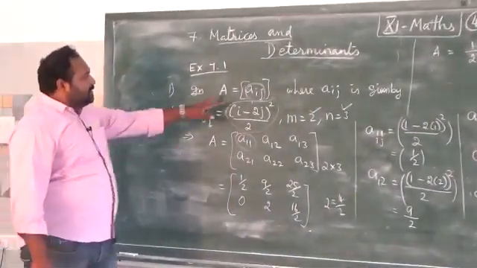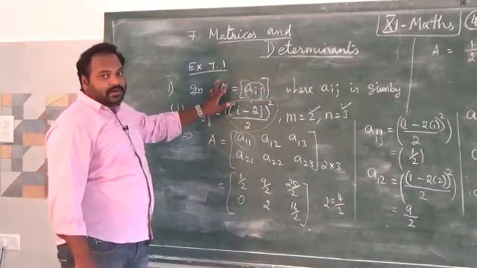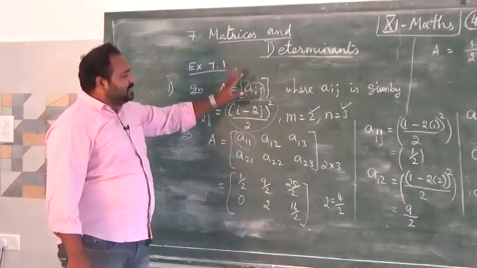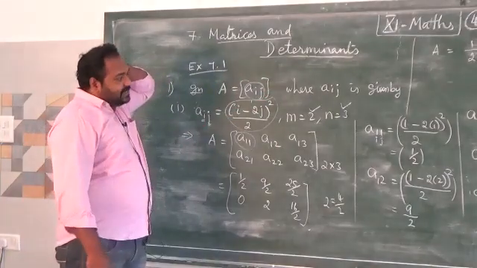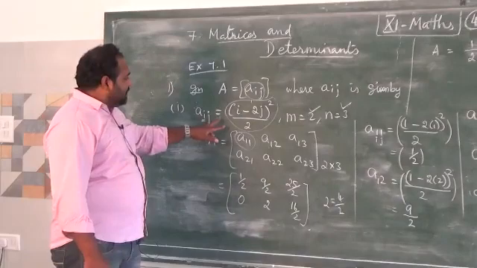Once again, let me tell you how to understand this problem. They ask you to construct a matrix from the given information. The condition given to find Aij is this formula, and the number of rows and columns is given: 2 rows and 3 columns. So using this, I formed a 2 cross 3 matrix.